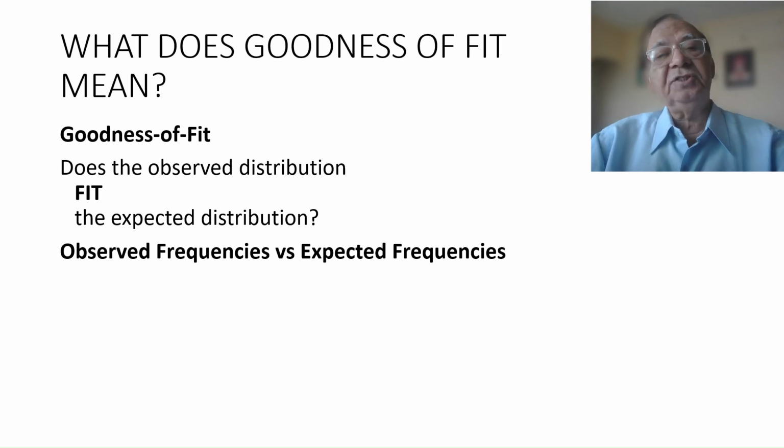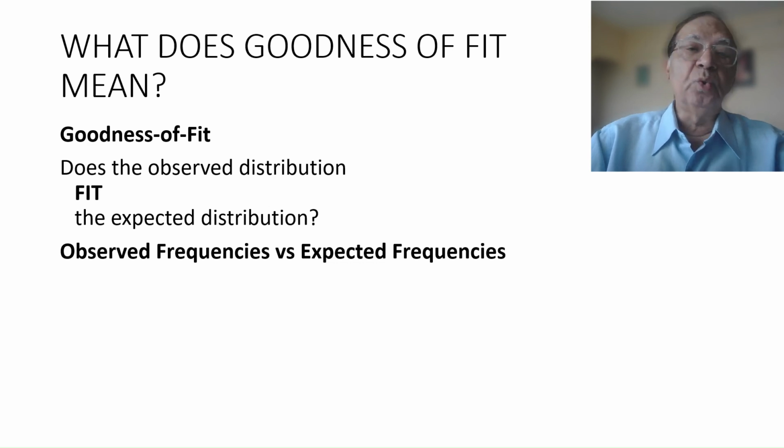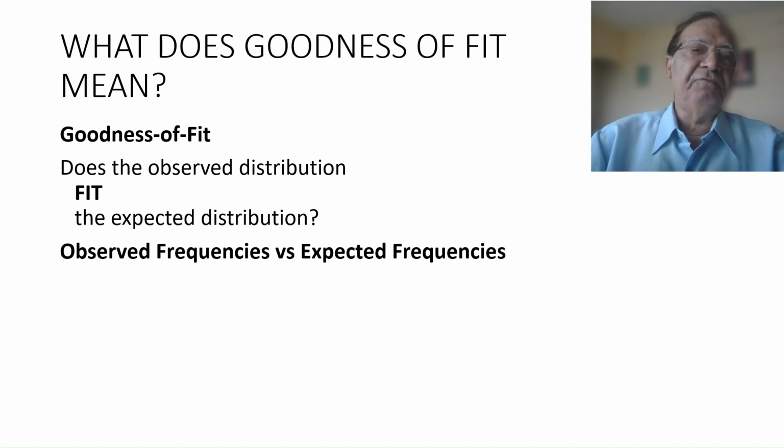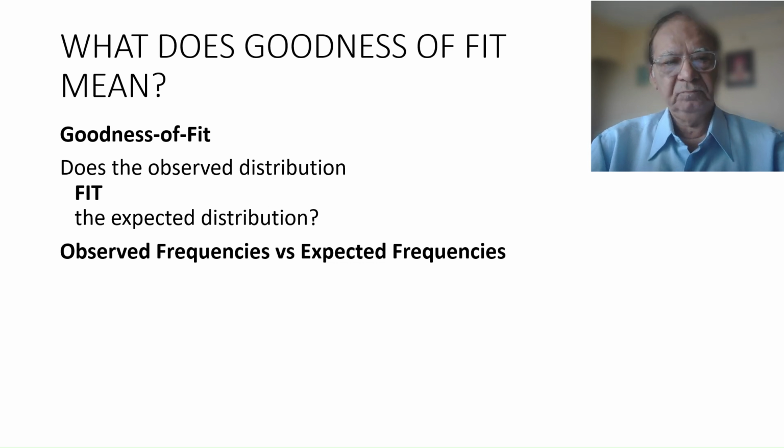Small differences may occur simply because of sampling variation. But if the differences are too large, we may conclude that the observed distribution does not fit our expected pattern.